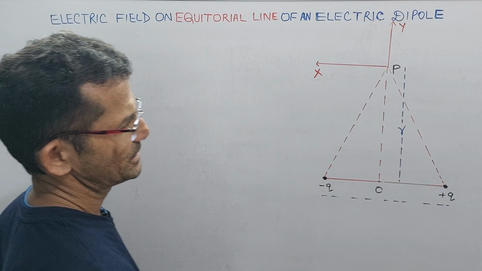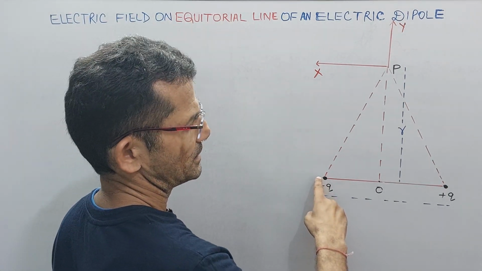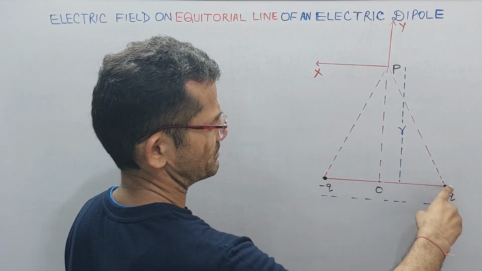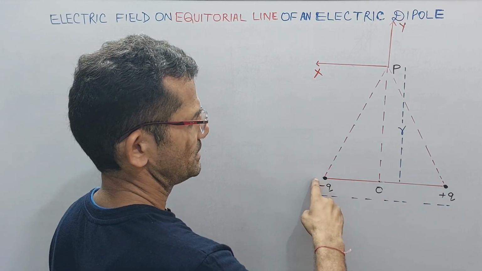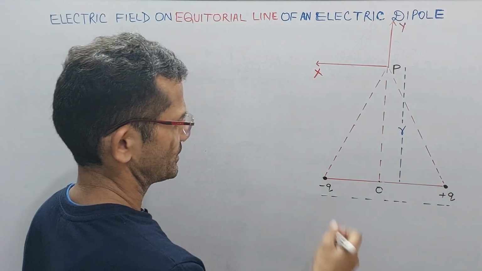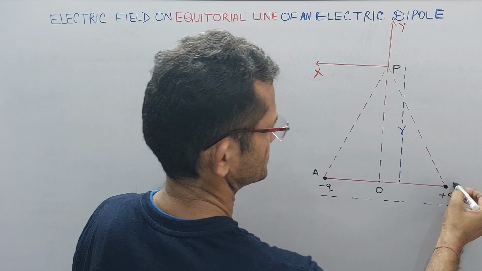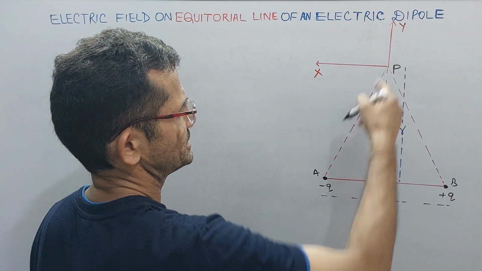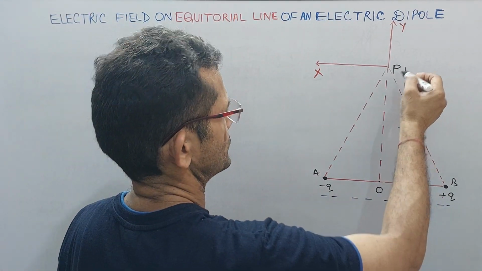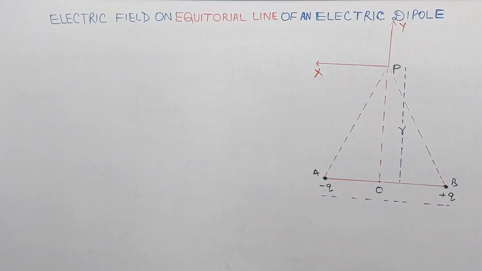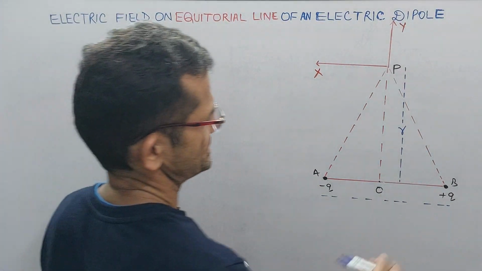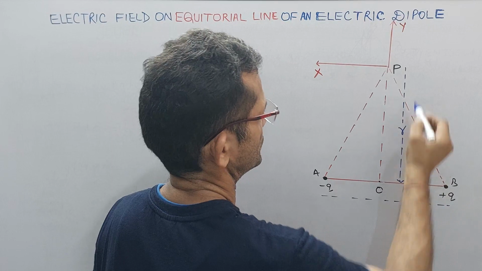The equatorial line means the line which is the perpendicular bisector of this line. Now from line AB, O is the midpoint, and P is at a distance of r from O.